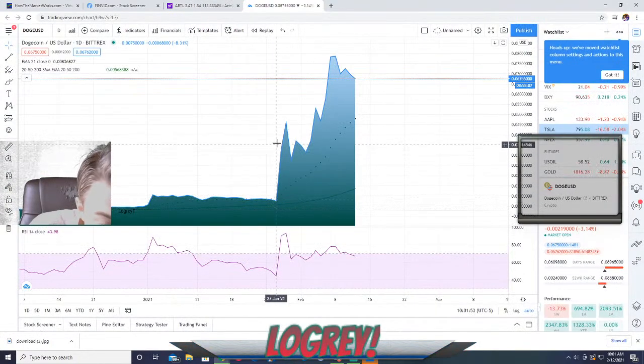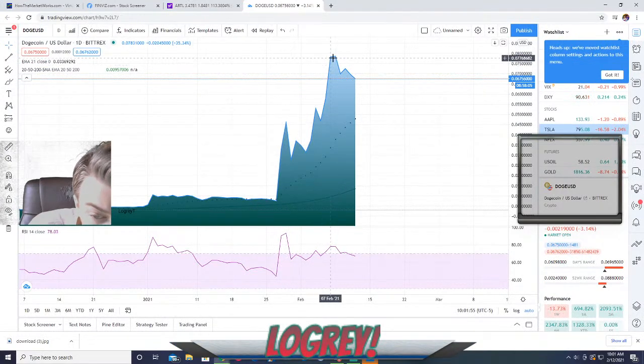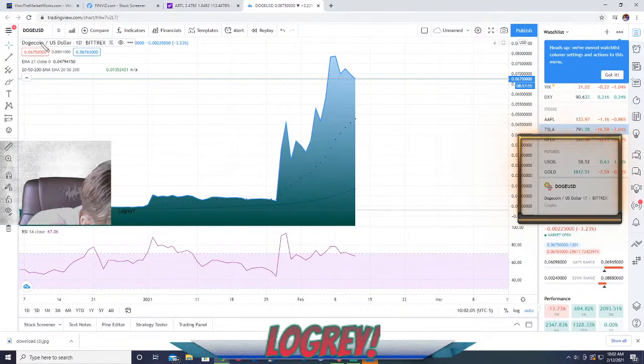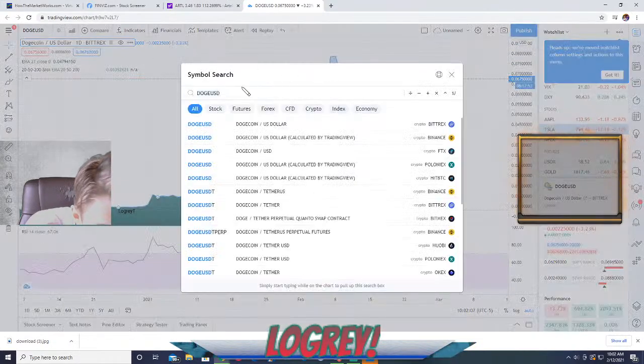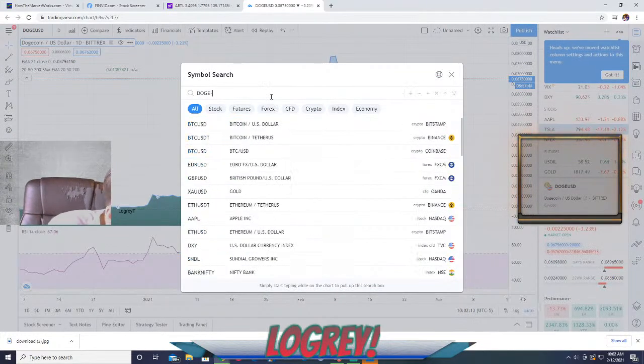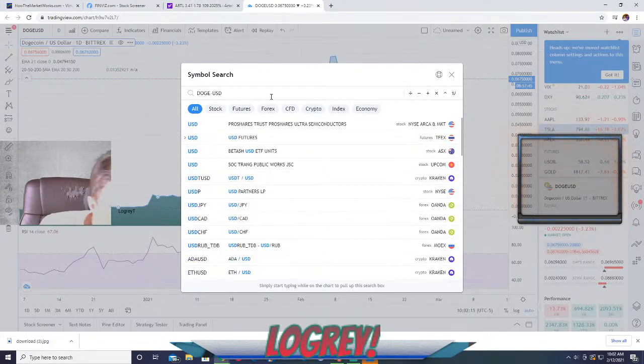It's experienced major highs all the way up to 0.08. Is this right? What's the, wait, Dogecoin-USD, that's probably, I don't know if this, Doge-USD.